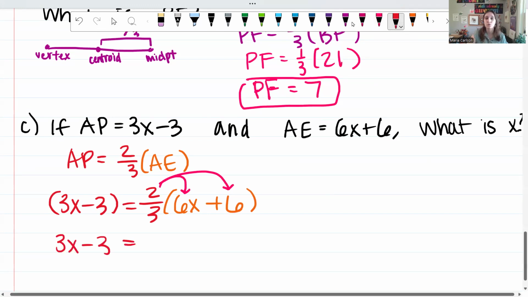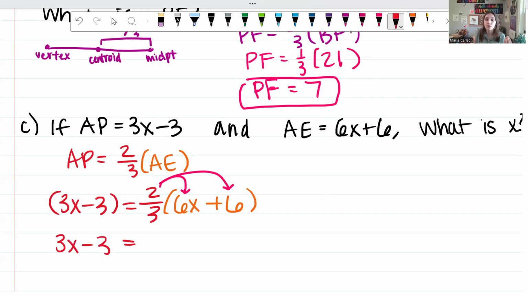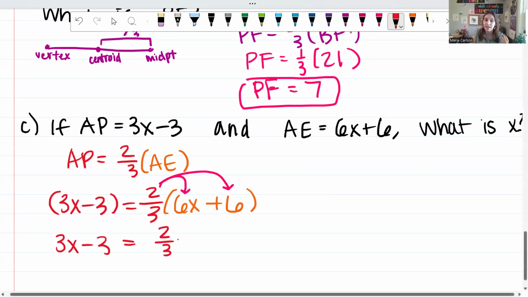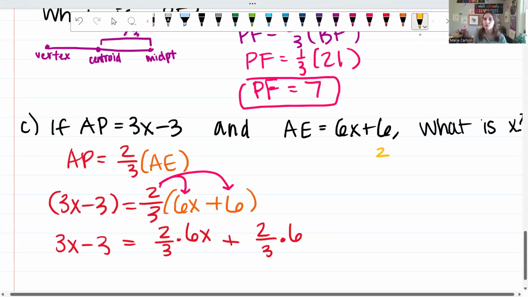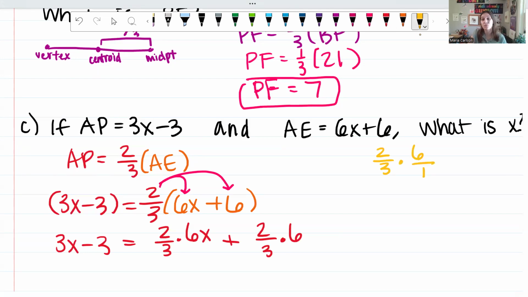And that is equal to 2/3 times 6x plus 2/3 times 6. I'm going to do a little scratch work off to the side. 2/3 times 6 is like 2/3 times 6 over 1. So 2 times 6 is 12, and 3 times 1 is 3.